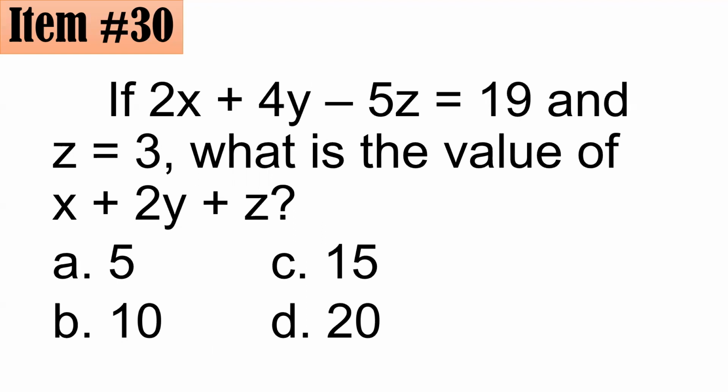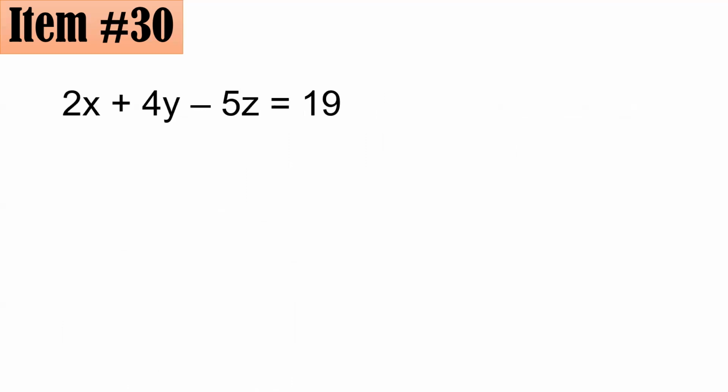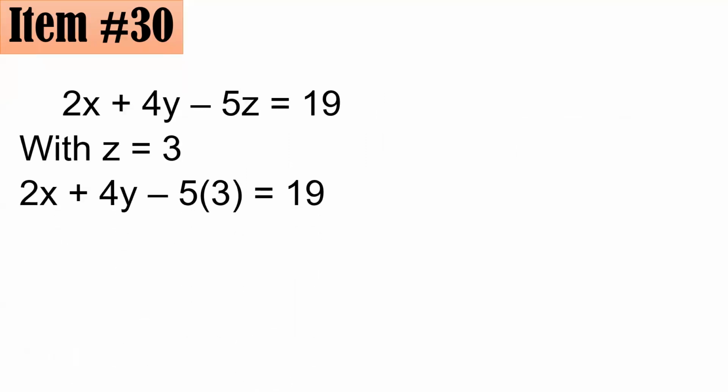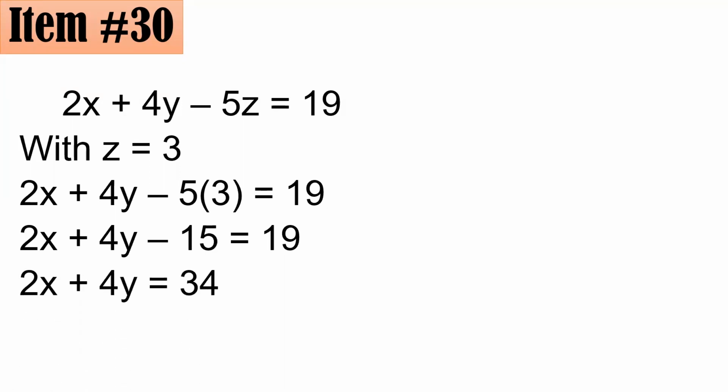So knowing that z is 3, we will substitute it to the first equation. Replacing z with 3 gives us 2x plus 4y minus 5 times 3 equals 19. 5 times 3 is 15, so magiging -15 siya dito. Adding 15 both sides and copying the rest will give us 2x plus 4y equals 34.